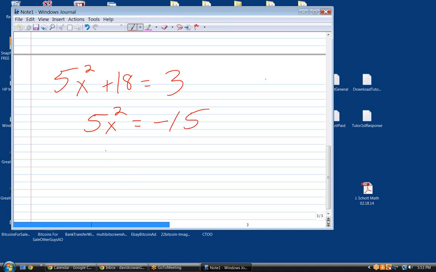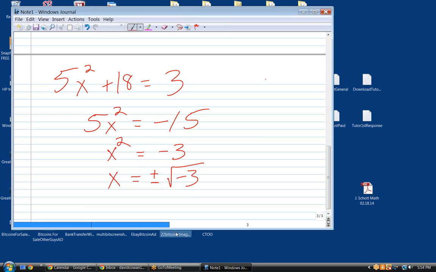Now what? Then I would divide both sides by 5. And then x squared equals negative 3. And then the square root of negative 3 equals x. Actually, x is equal to plus or minus. Remember, those should always be the first words out of your mouth. Plus or minus the square root of negative 3.